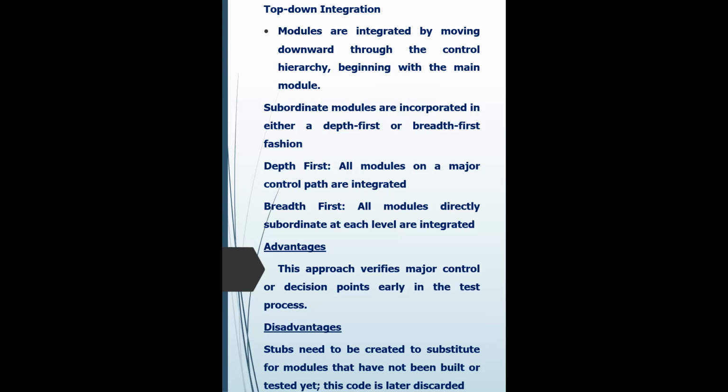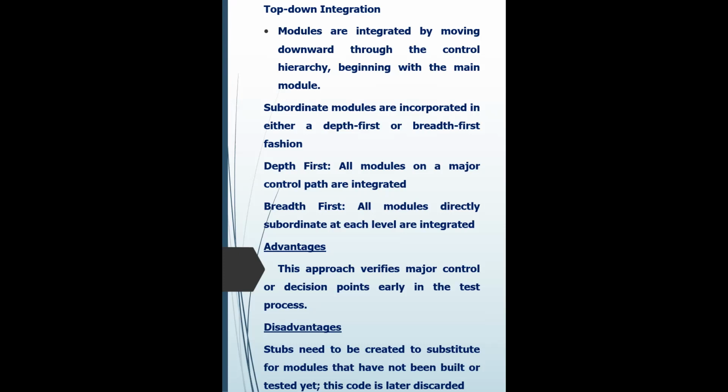Next step, tests are conducted as each module is integrated. Next step, on completion of each set of tests, another stub is replaced with the real module. And step five, regression testing is conducted to prevent the introduction of new errors.